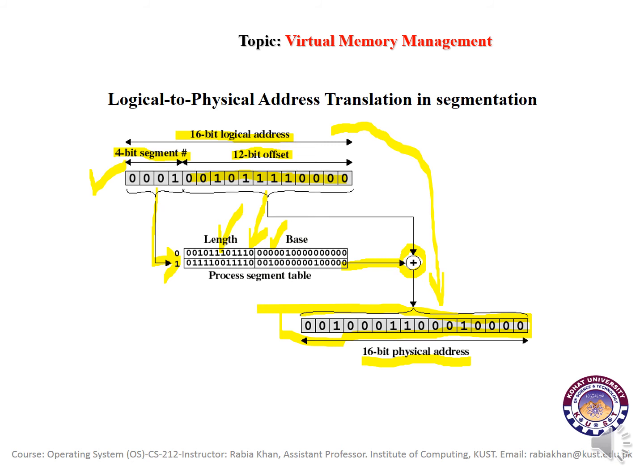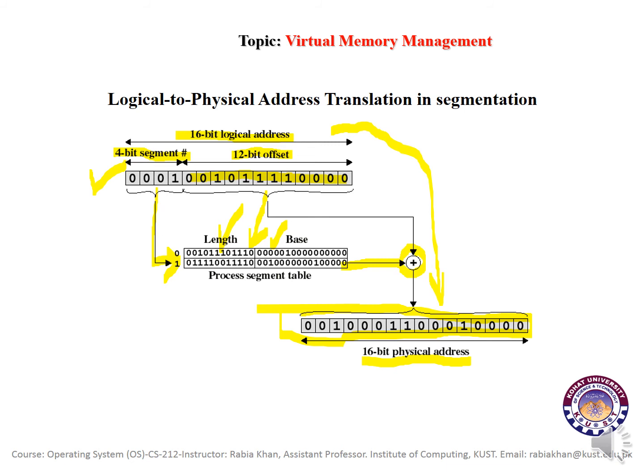So we need to first find its size and then compare the segment number with its size. If the particular instruction is within that segment size, then that instruction is translated into a physical address.